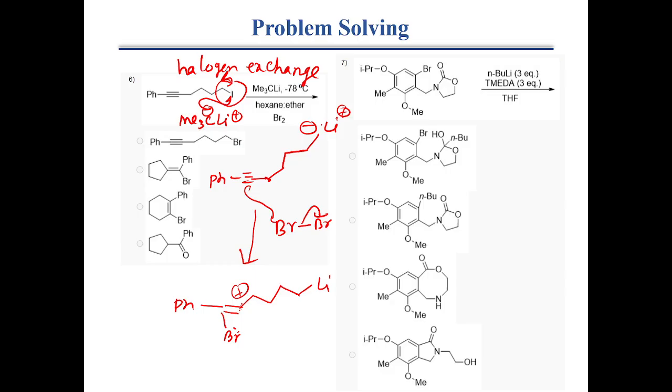So now this is extracted by the bromine. So bromonium intermediate will pop.